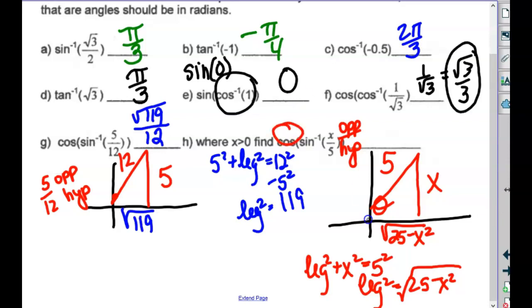Cosine, which would be adjacent over hypotenuse. So square root of 25 minus x squared all over the hypotenuse, which is just 5. Do you see where people are going to make a mistake and reduce things they can't reduce? Don't do it. Does not reduce.